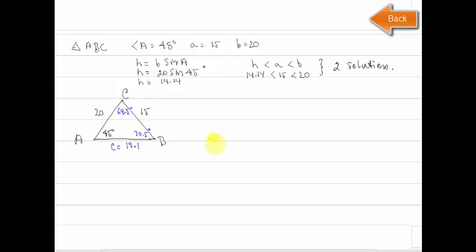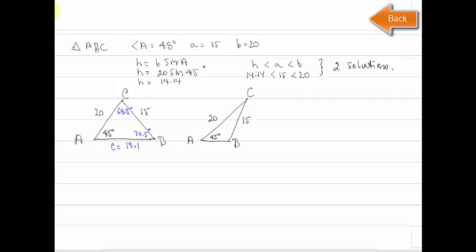Okay, the second triangle that you will get with this is the one where you have an obtuse angle. So here is A and our given angle of 45. Side B, which was given as 20, and side A, which was given as 15.